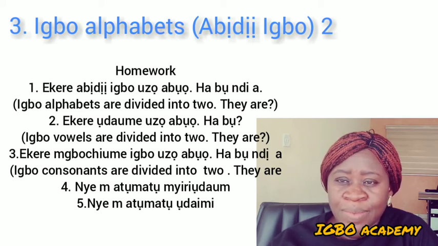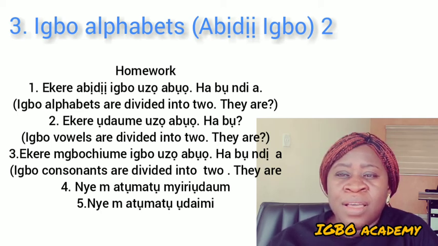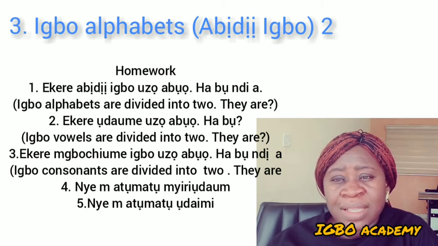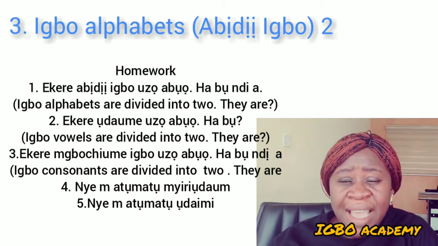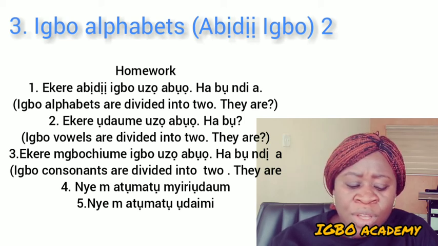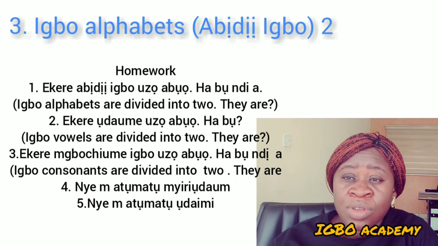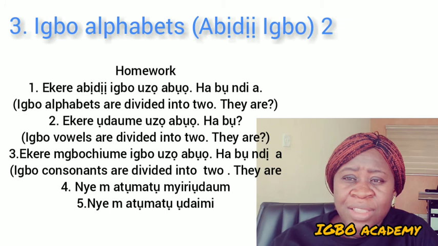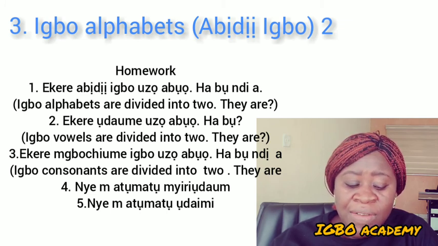They are... The consonants are divided into two, and they are... Give me examples of inyiri udaume, those letters that look like vowels.